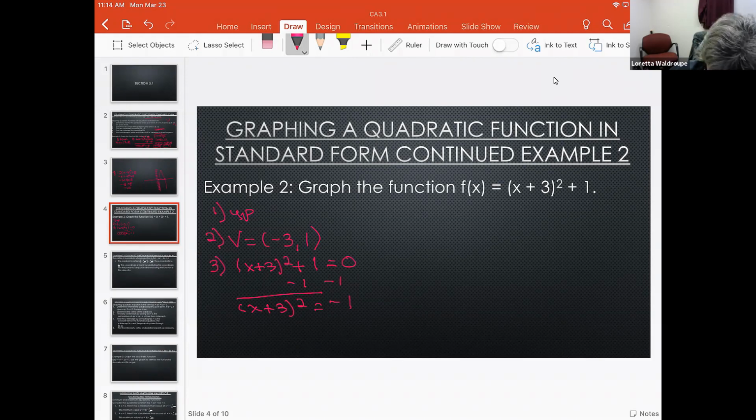What can you square to equal a negative 1? Nothing. I see Rebecca shaking her head. A number squared is always positive, right? If what you have squared is equal to a negative number, it means there are no x-intercepts. Okay?